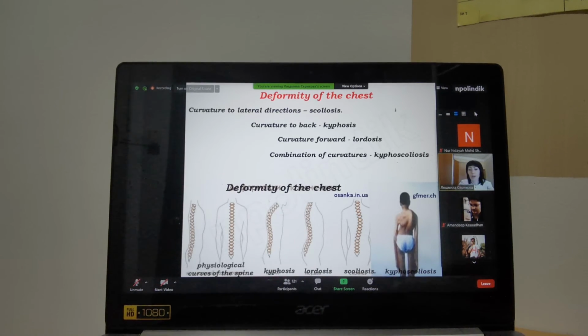So it will be asymmetrical. These are pathological forms due to asymmetry and deformations of the spine.